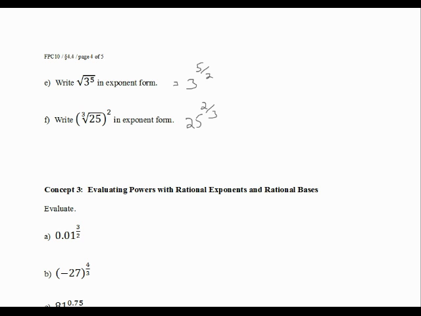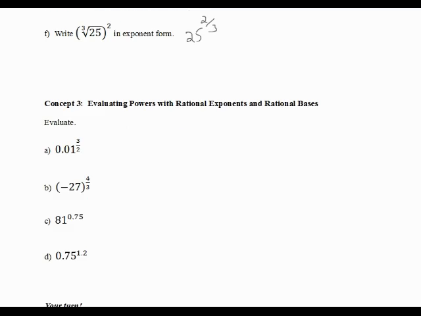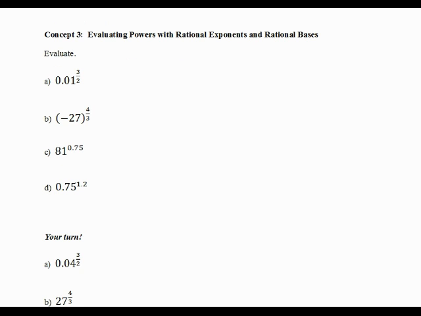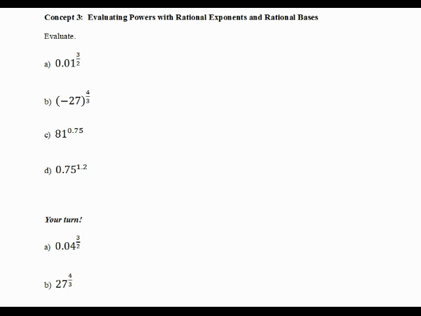Okay, evaluating powers. So in those examples, we were just asked to rewrite them in exponent form or radical form. This time, we're actually going to evaluate with a number, and this time we have rational exponents on rational bases. So this time we're not just dealing with integers, but we can have decimals as our base. Okay, so 0.01 to the 3 over 2.